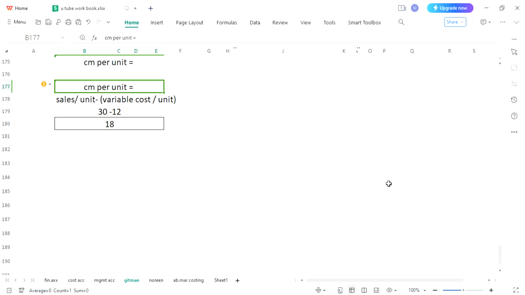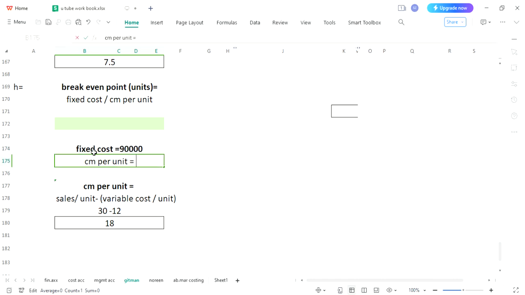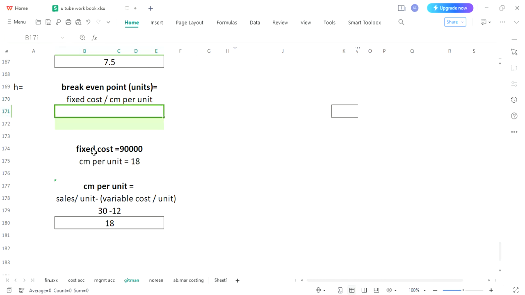You have calculated CM per unit. Next, previously you have mentioned your fixed cost. Now CM, how much? 18. Alright guys, requirement of formula has been completed. Fixed cost here has been mentioned 90,000, and you need to divide it with CM per unit, which has been calculated as 18.